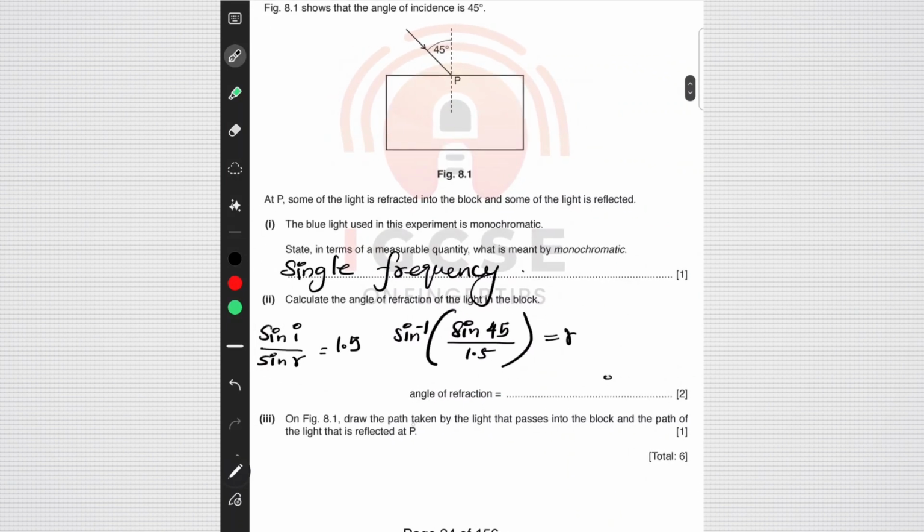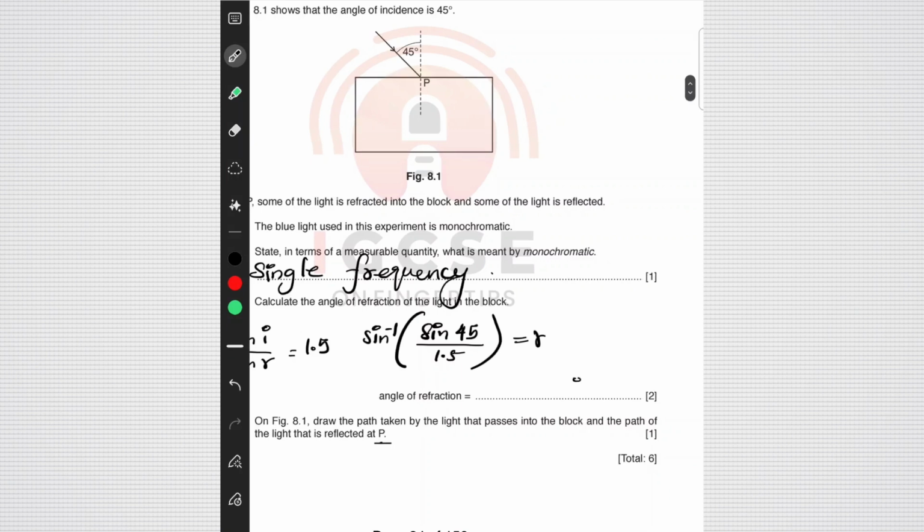On figure 8.1, draw the path taken by the light that passes into the block and the path of the light reflected at P. Okay, so there are two light rays they are asking you to draw, a refracted one and a reflected one. So you already found out the angle of refraction. Let's say for me the angle of refraction is 38.